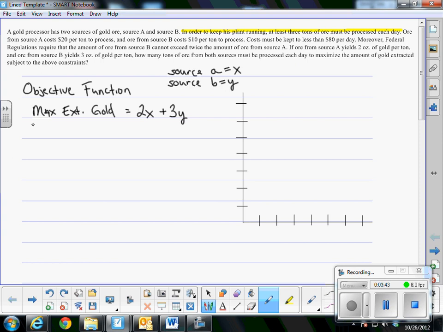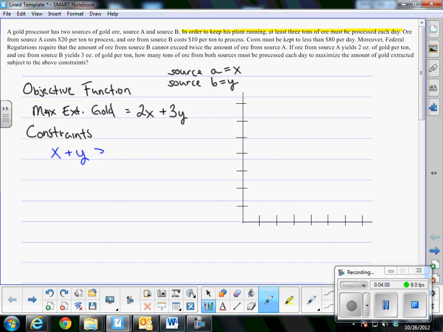The first being the process constraint, and I'm going to do that in blue. It says at least 3 tons of ore must be processed. So from source A and from source B, I have to have at least 3.